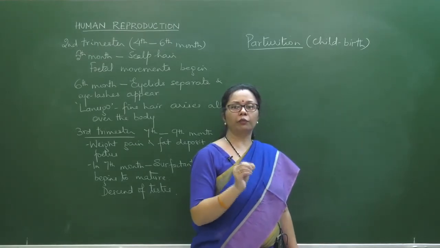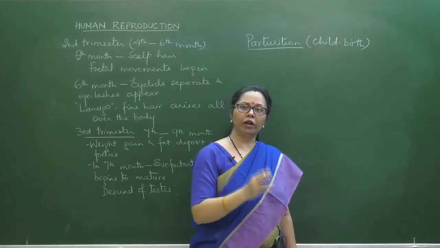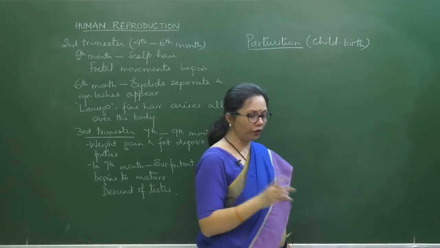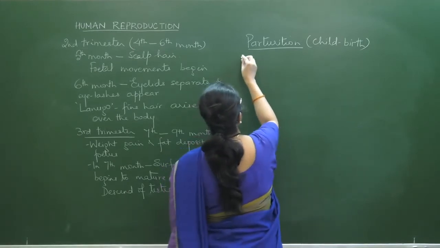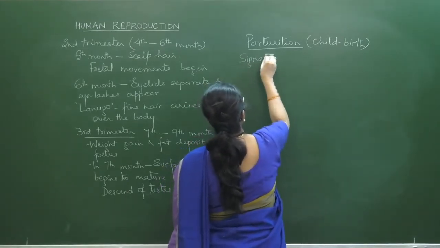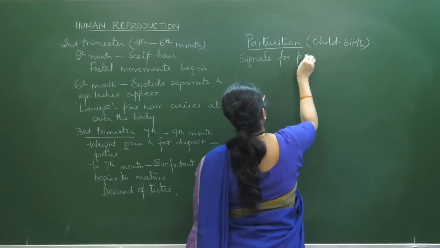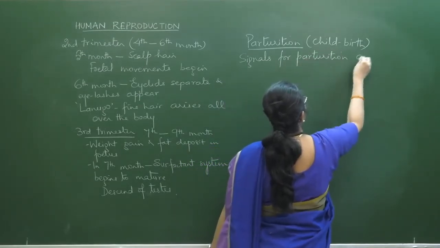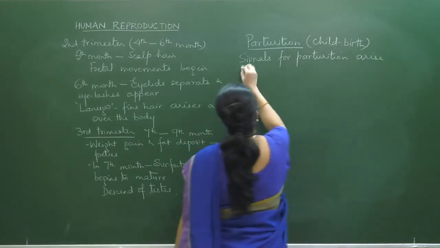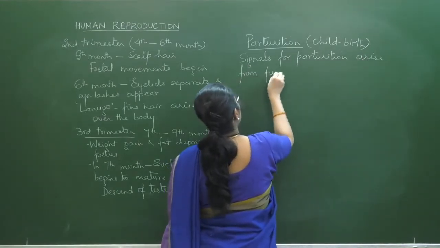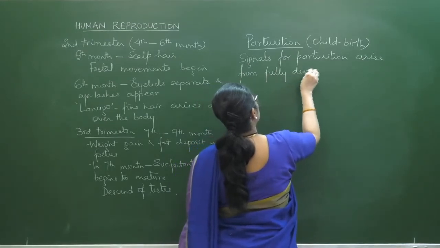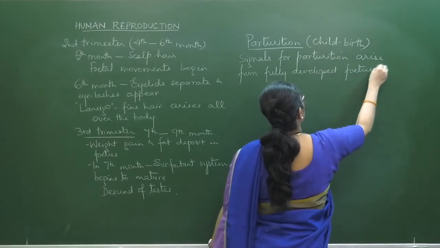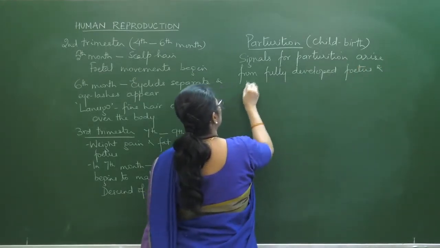So the signals for parturition arise from the fully developed fetus as well as from the placenta. So two are involved, right? So signals for parturition arise from fully developed fetus and placenta.